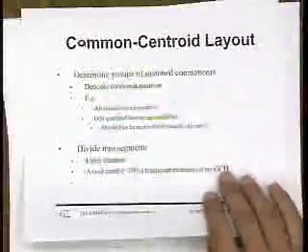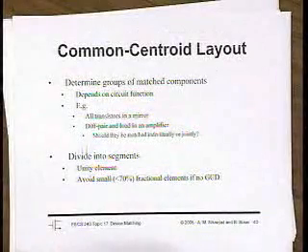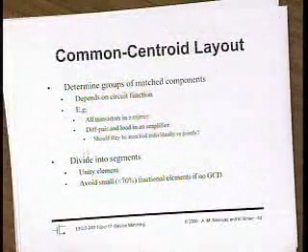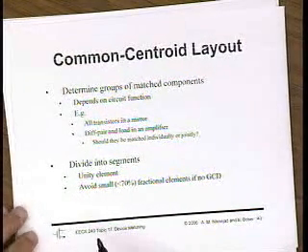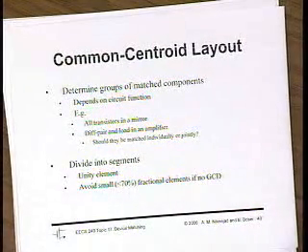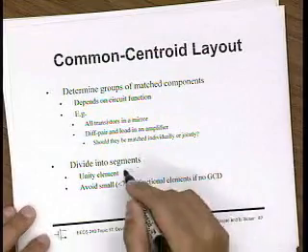Okay, a couple more points about the common centroid. I think I've heard a lot about this already. The central idea of a common centroid is to divide something big into lots of segments. If you have a big capacitor, use a bunch of unit elements to build it up.